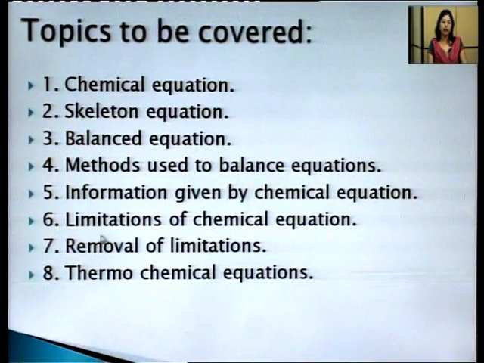Next is the limitations of the chemical equation, that is, what the various limitations of a chemical equation are, and in the next topic we will discuss how we can remove these limitations, and in the last topic there are thermochemical equations. Now let us discuss all these topics one by one.